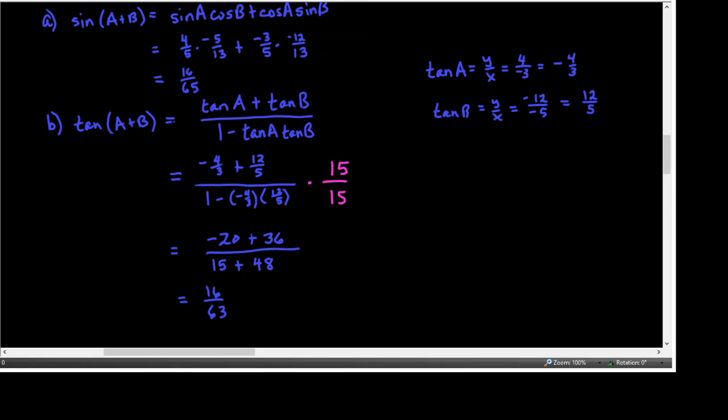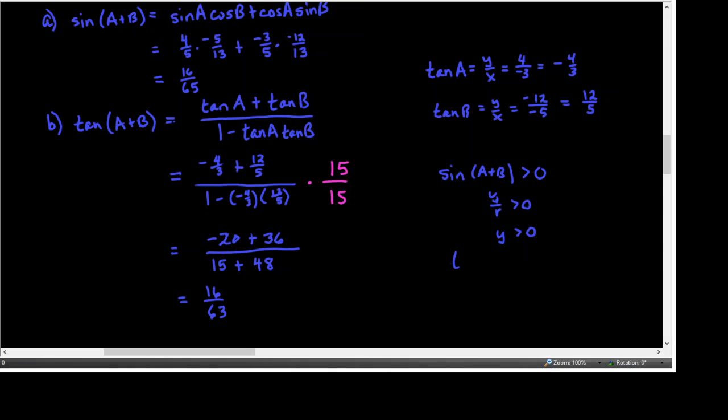Okay, part C. What is the quadrant of A plus B? Well, let's see. The sine of a plus b was positive. And since sine is y over r, and r is always positive, that means that y is going to be positive for angle a plus b.